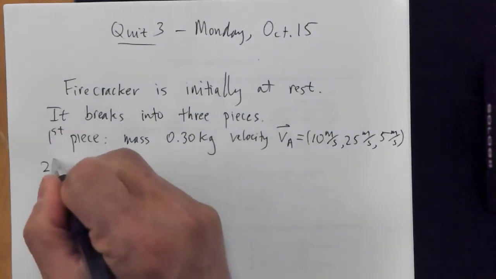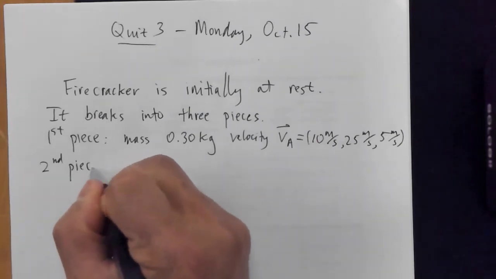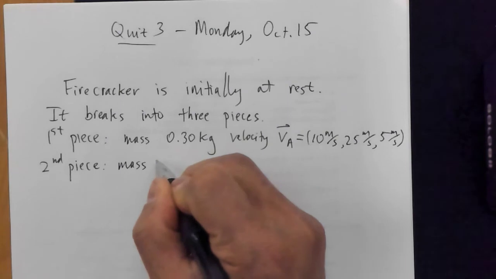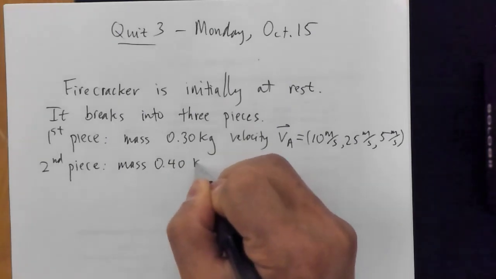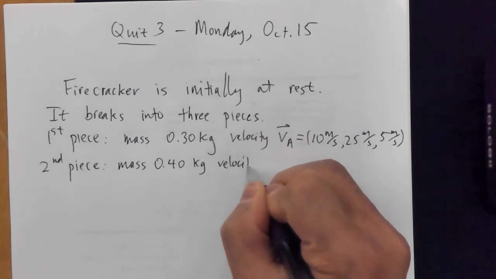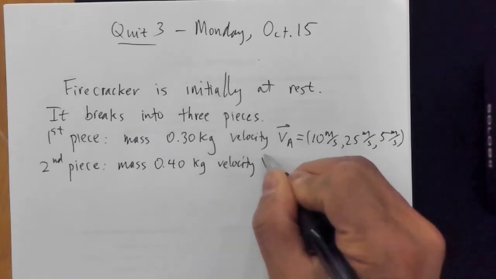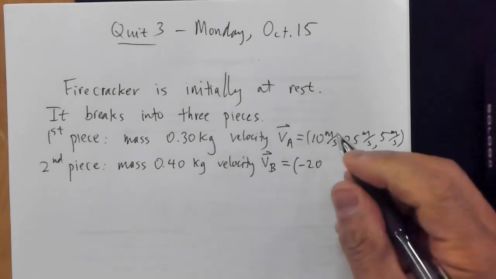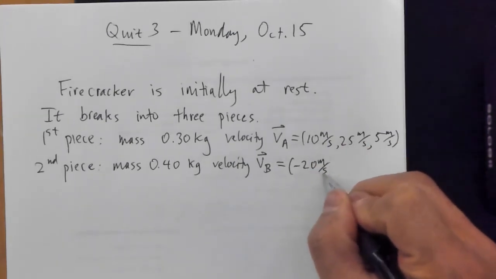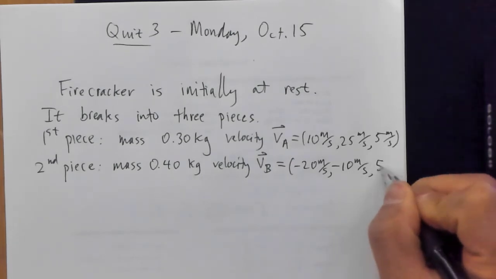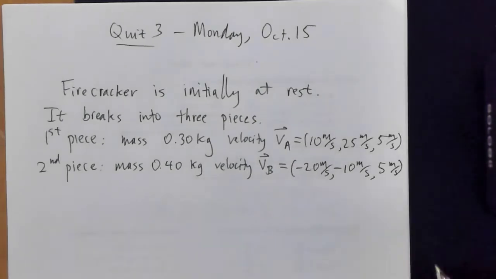Let's say the second piece has a mass 0.40 kilograms, and it has a velocity VB, with components negative 20 meters per second, negative 10 meters per second, and 5 meters per second with a positive sign.